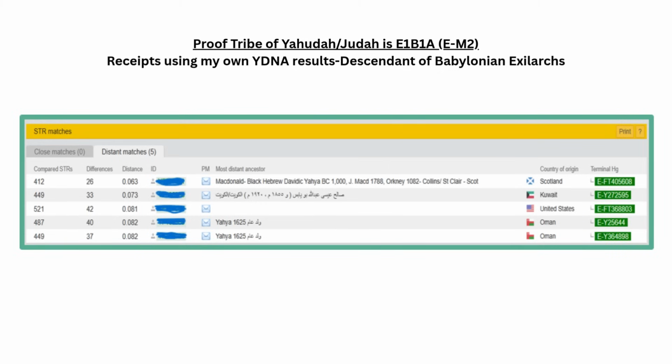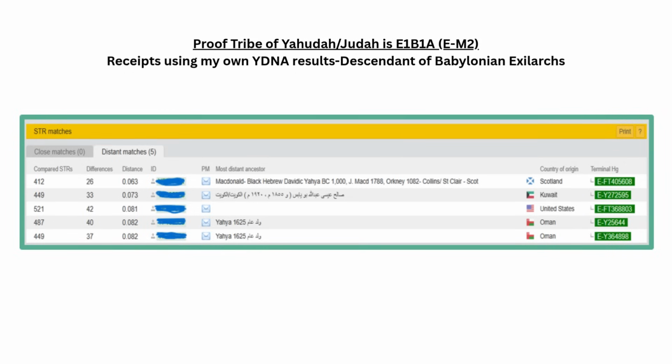So, as I mentioned before, E1B1A splits off into multiple different subgroups, and it continues to split and split and split. My particular terminal haplogroup is about 12 layers below the E1B1A level. And my terminal haplogroup is very rare.